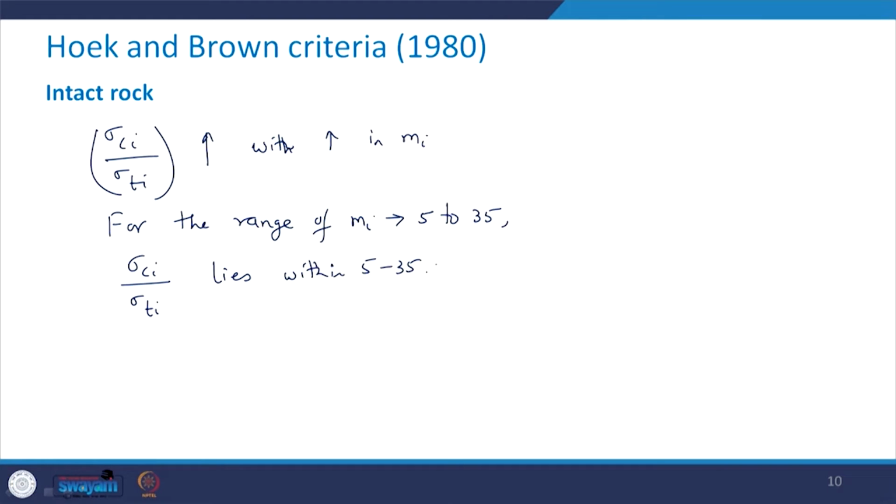You can just check it with the help of a calculator. Just substitute any value of M between 5 and 35, and you will get that this will be approximately equal to the value of Mi which you have taken. So, we can say that approximately this sigma Ci upon sigma Ti is equal to Mi.